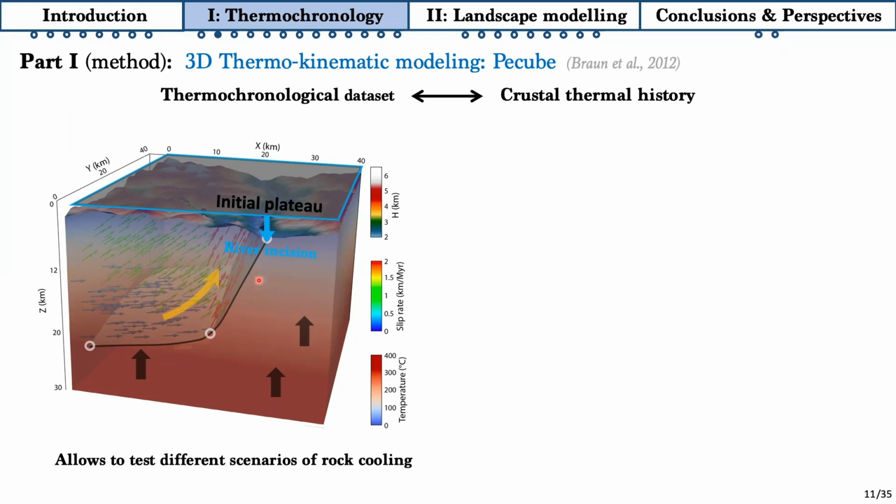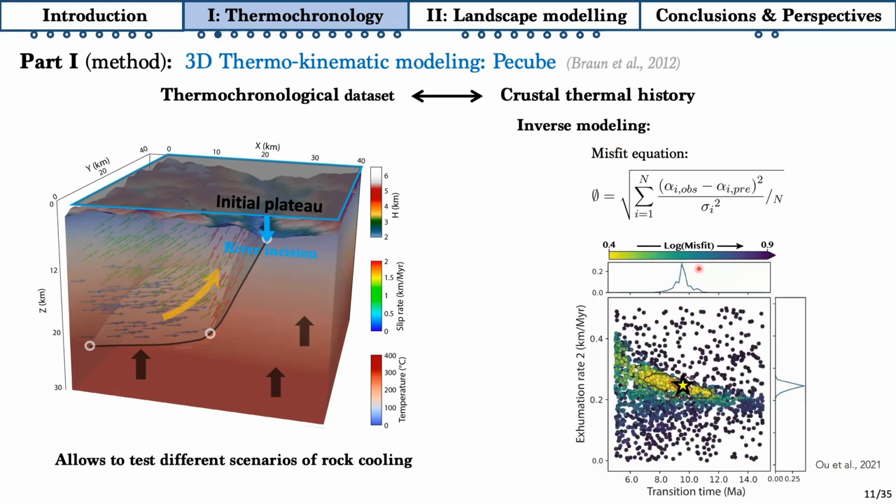It allows us to invert the parameters by comparing the predicted ages with the observed ones, and the calculated misfit will be plotted in different colors according to its values. And this yellow star will give us the best parameters that we are looking for. This yellow star stands for the minimum misfit, of course.